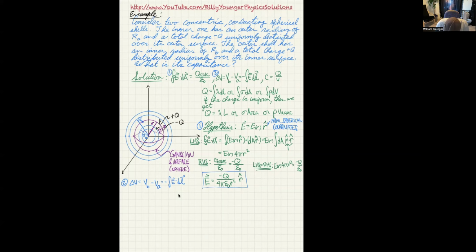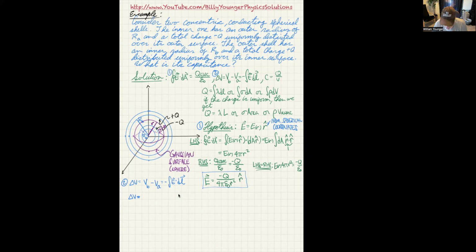So again, I'm going to say delta V, and this is where I use this actual problem to practice my skills at line and surface integrals, because I'm trying to set it up to go the right direction to get the right result, and therefore the voltage should come out to be positive. If I make a mistake on my line integral, or if I make a mistake setting it up, it could come out negative.